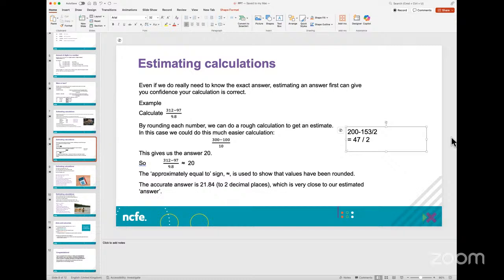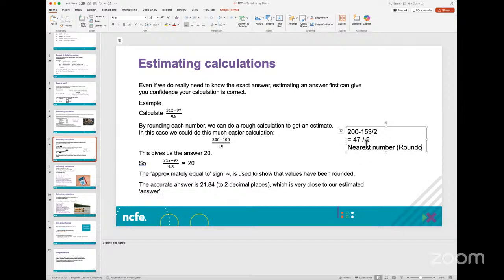But if I say, can you represent this fraction now to the nearest number? So what I will need to do is divide 47 by 2, and if I need to say nearest number, that means I'm rounding off.